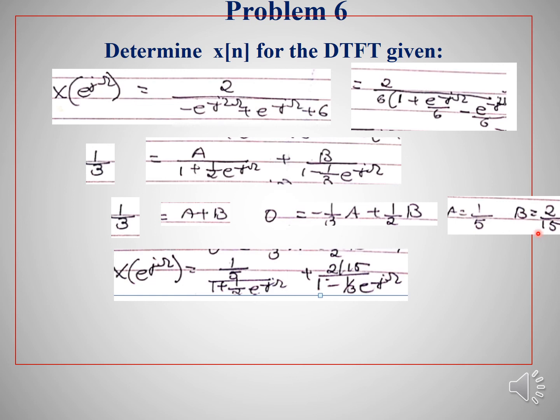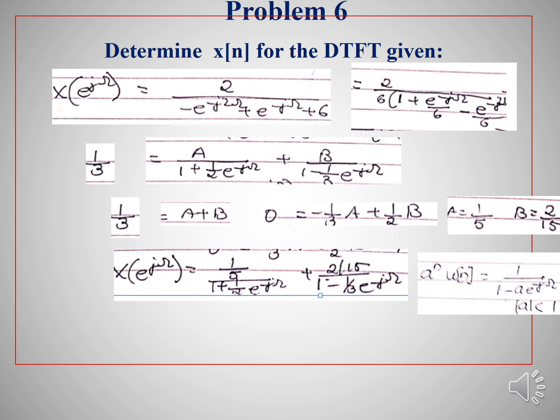Hence, X of e power j omega on substitution would be 1 by 5 divided by 1 plus 1 by 2 e power minus j omega plus 2 by 15 divided by 1 minus 1 by 3 e power minus j omega.